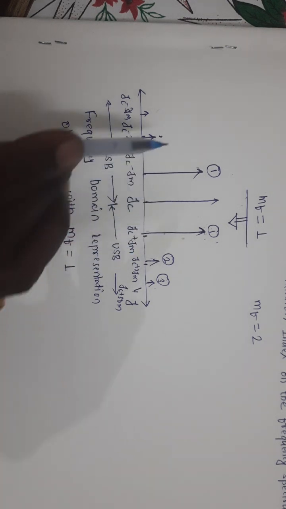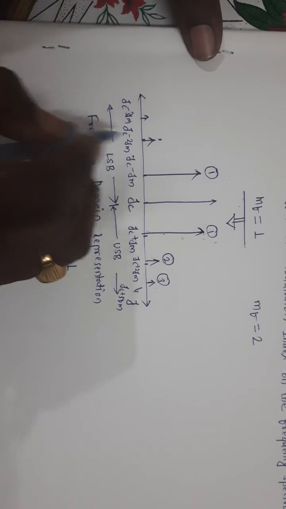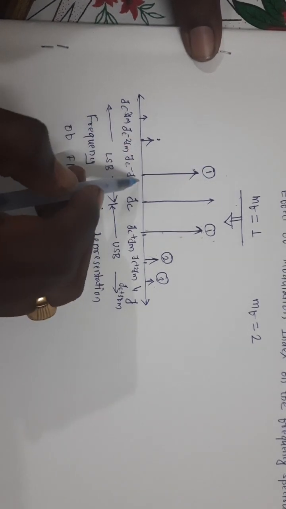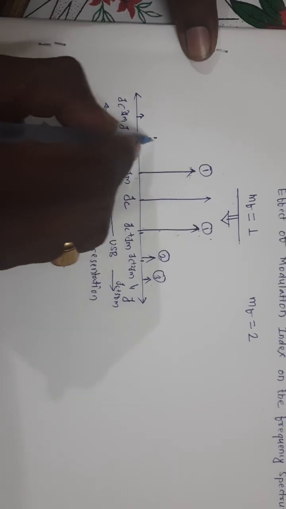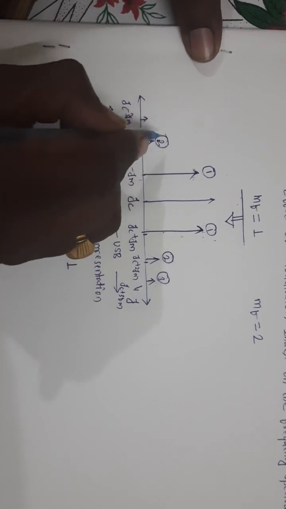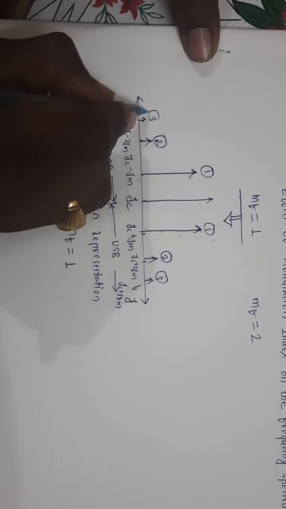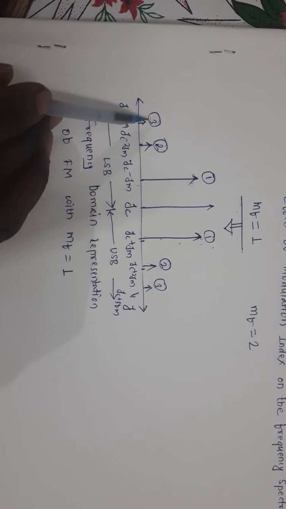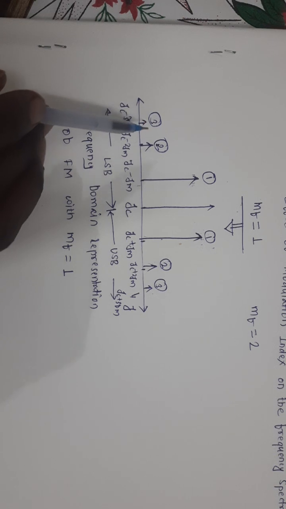Similarly, in the case of LSB, lower sideband 1 has a more significant amplitude than lower sideband 2 and lower sideband 3.